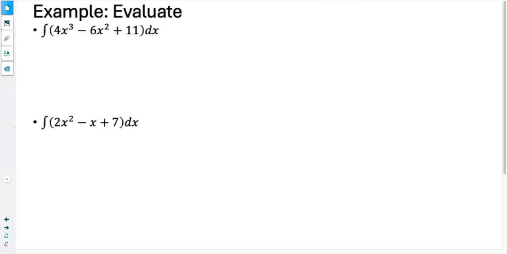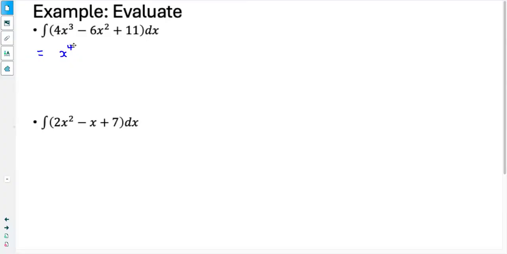Now, for example, we want to evaluate the integral of 4x cubed minus 6x squared plus 11 dx. So we want to work backwards. We know that with derivatives, we reduce our exponent by 1, so with integrals, we're going to increase it by 1. So this would be x to the power of 4.